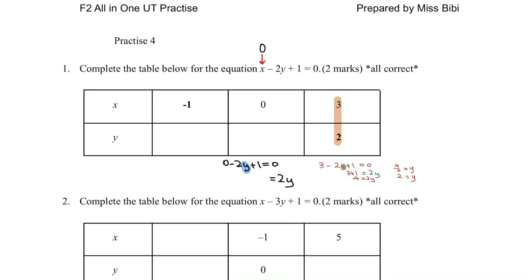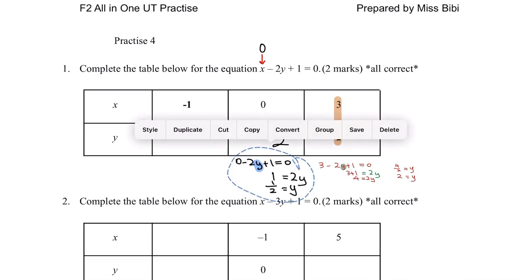And how about this side? Because this is moved to there, 0 plus 1 equals 1. And then now I don't need this 2. The 2 here is multiplied, so it will be divided, or you could say over. So that's your answer of y. Okay? Good. That's good to know if you feel it's good this way.